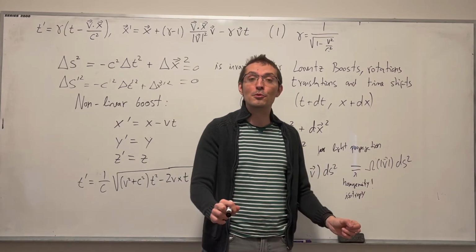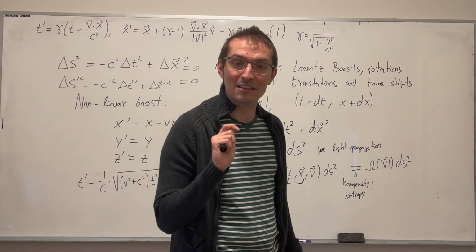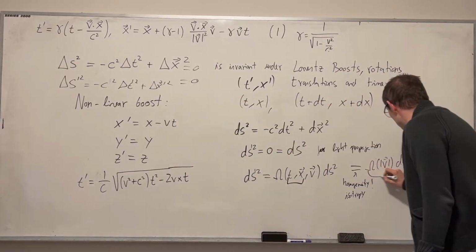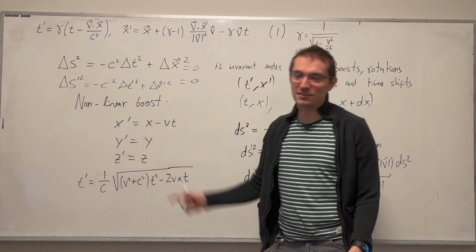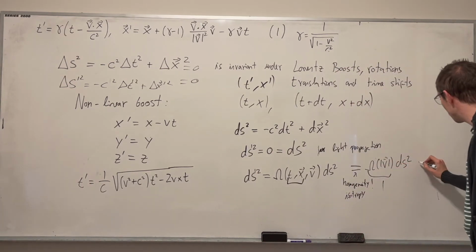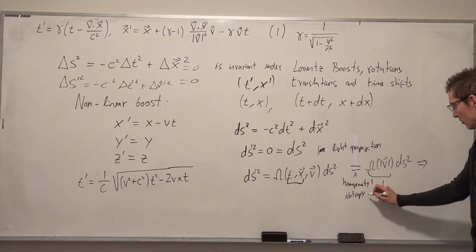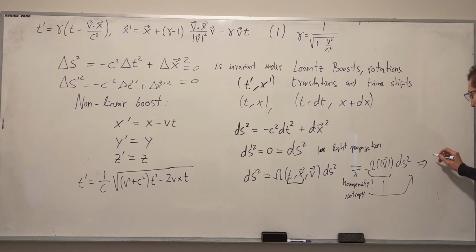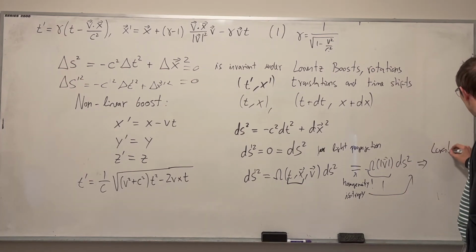Actually, you can prove that there's only one transformation that does it, and this is the Lorentz boosts. So assuming homogeneity and isotropy, there's only one transformation, the Lorentz boosts that we found.